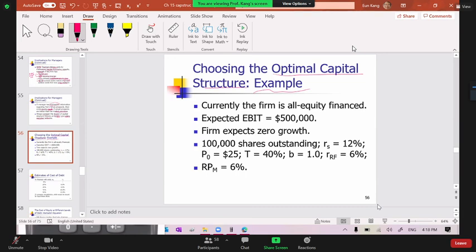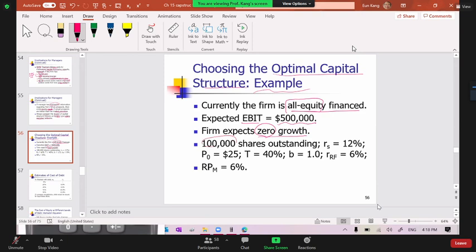Let's just, maybe this is the final slide. The first starting point is an all equity financed company. And then what? We compare that with some debt level. Expected EBIT is 500,000, and zero growth just to make the analysis easier.